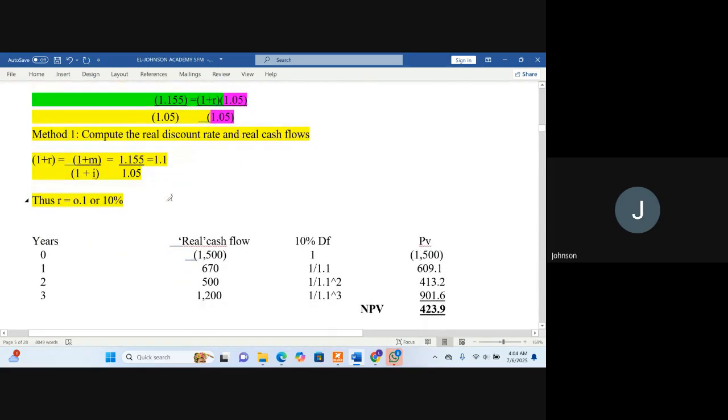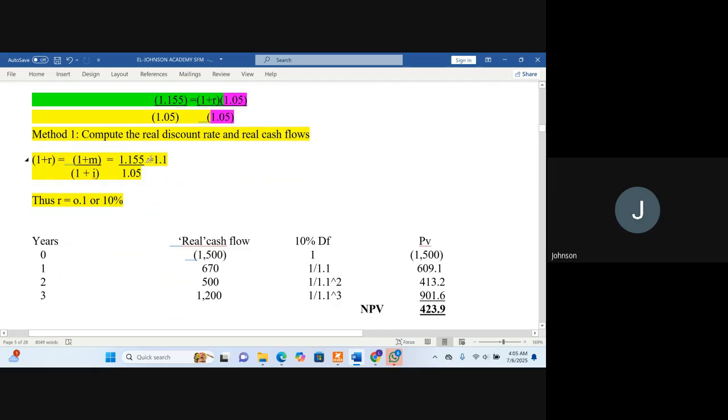Now that we have gotten that, let's prepare our table to discount these cash flows to present value, because we have started looking at what it is.